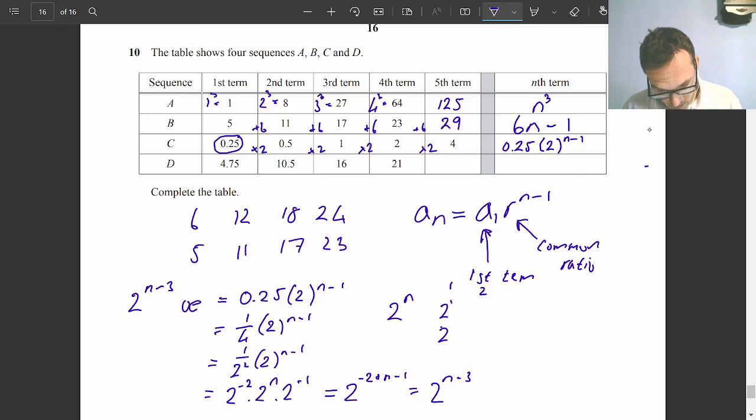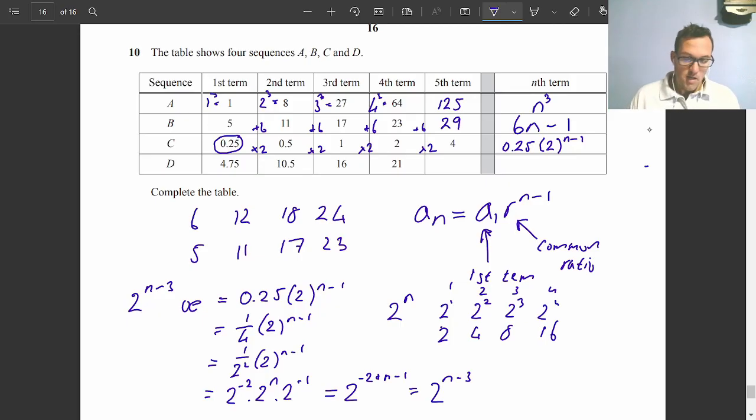The second number would be 2 squared, which is 4. The third number would be 2 cubed, which is 8, etc. The fourth number, 2 to the power of 4, is 16. That's the basic geometric sequence of 2^n. Now what we have here is 0.25, 0.5, 1, 2.